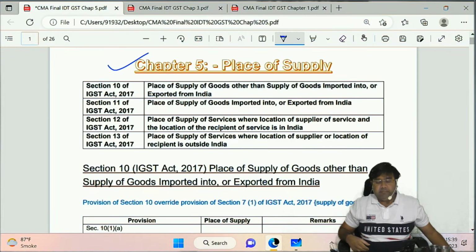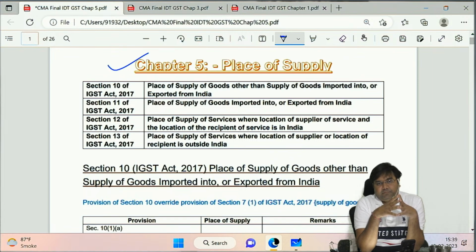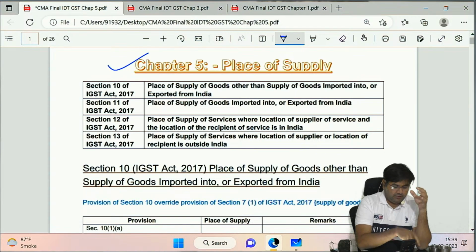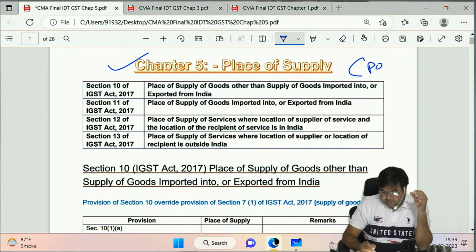Why do we need to determine place of supply? GST is a consumption based tax. In a consumption based tax, the state where the goods or services are consumed gets the tax revenue. That's why we use the term place of supply, in short POS.